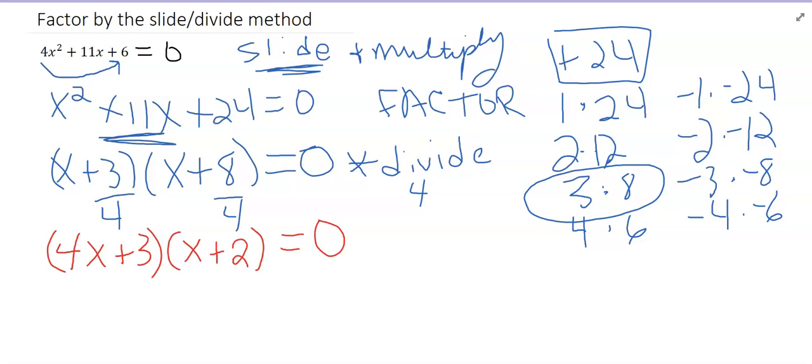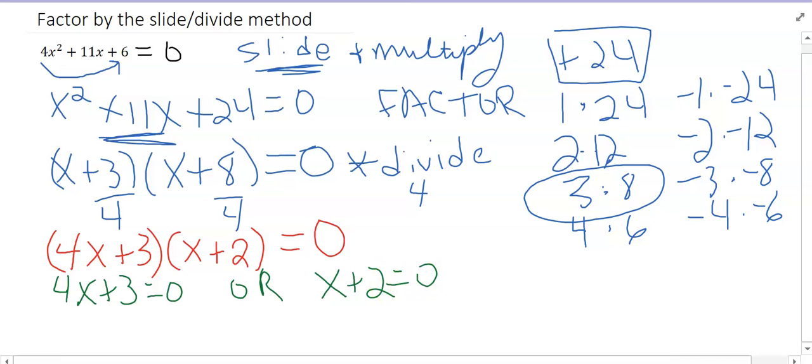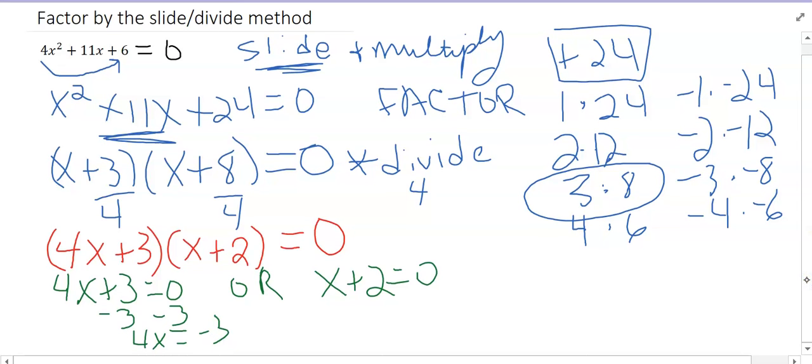The last thing to do is find the solution using zero product property. So that means either 4x plus 3 equals 0, or x plus 2 equals 0. Using inverse operations, I'm going to subtract 3 from both sides, giving me 4x equals negative 3, with my last step being to divide by 4.